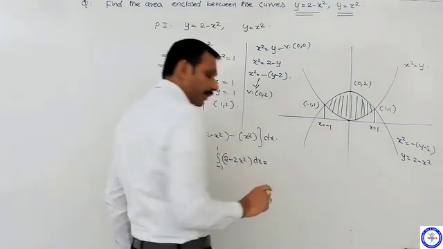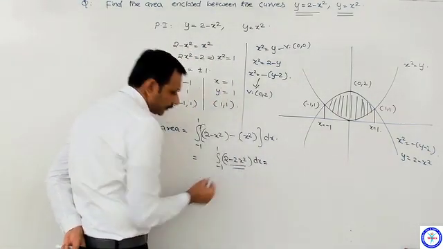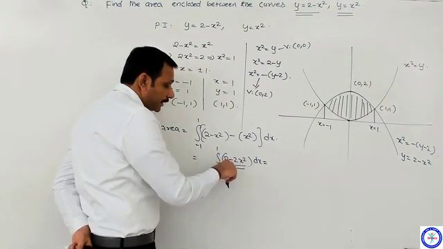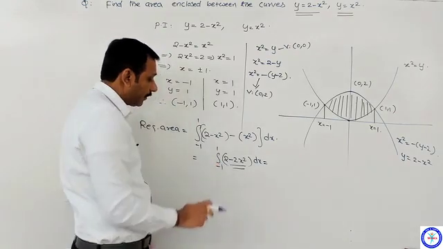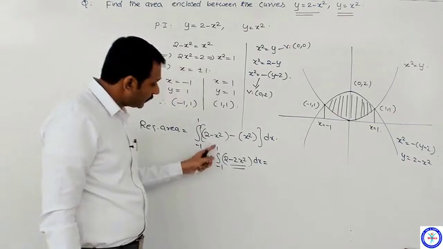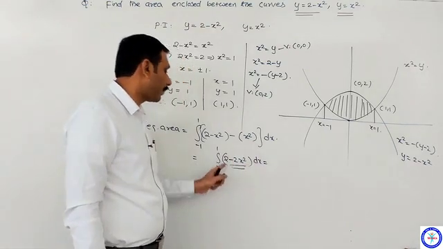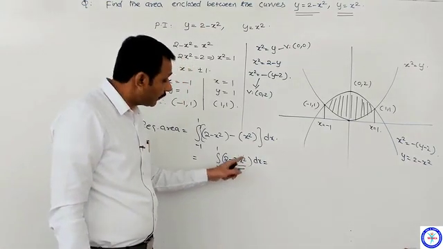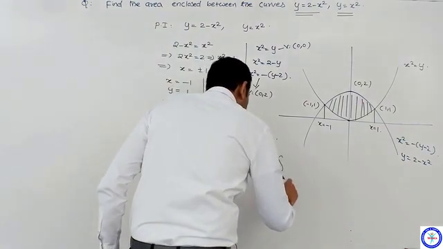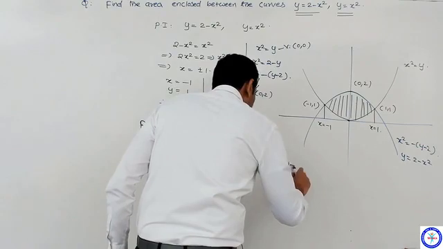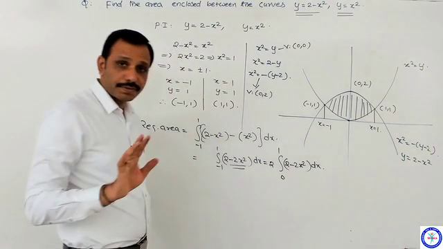You observe here, it is an even function, meaning f of minus x gives f of x, and with limits of integration minus a to a, the integral of f of x dx equals 2 times the integral from 0 to a of f of x dx if f of x is an even function. Therefore, I will write 2 times integral 0 to 1 of 2 minus 2x square into dx.